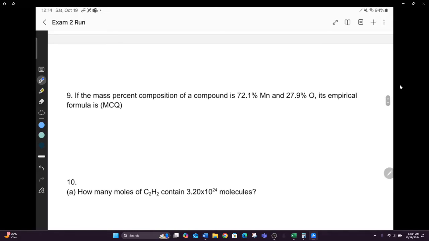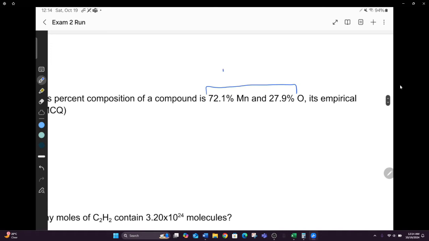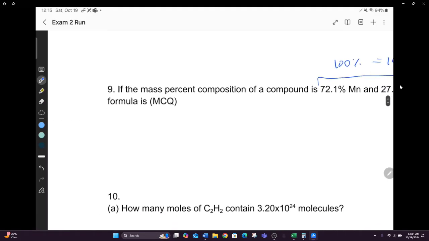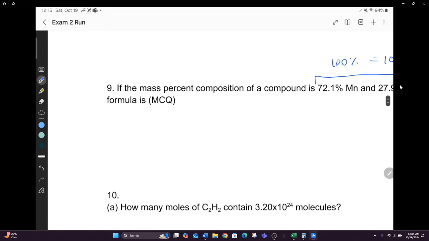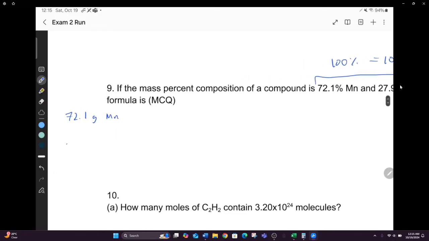How you think of this is these add up to 100%, so you say 100% equals 100 grams. You pretend that you have 100 grams of the combination of Mn and O. So you have 72.1 grams of Mn and 27.9 grams of oxygen.